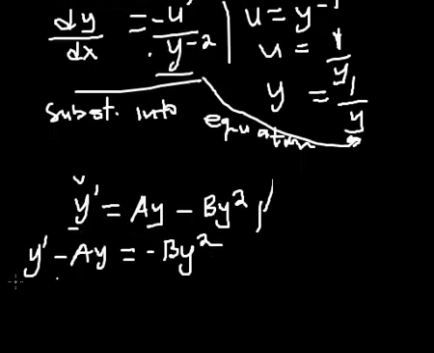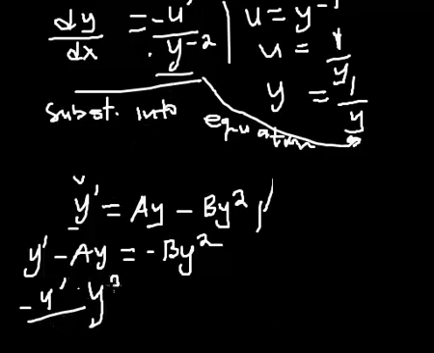So substitute y prime, remember what it is, that's minus u prime, all over y raised to the power minus 2, which is the same as y square, then minus ay, is equal to minus b y square.